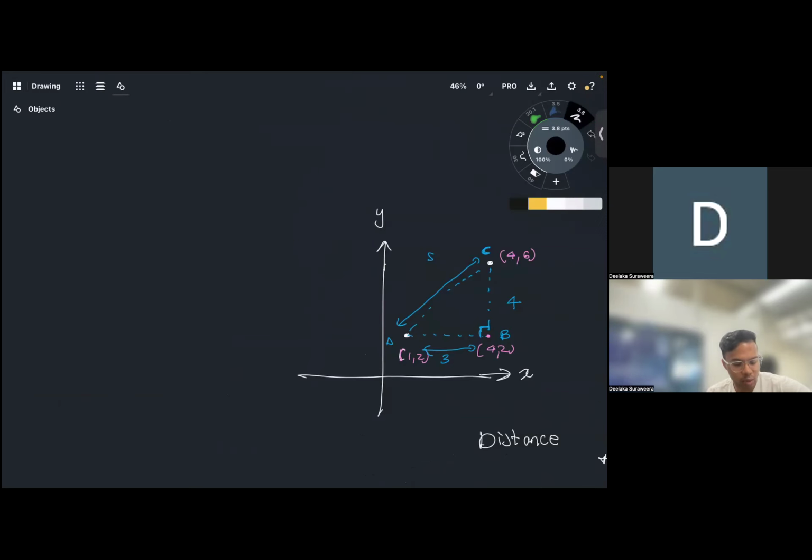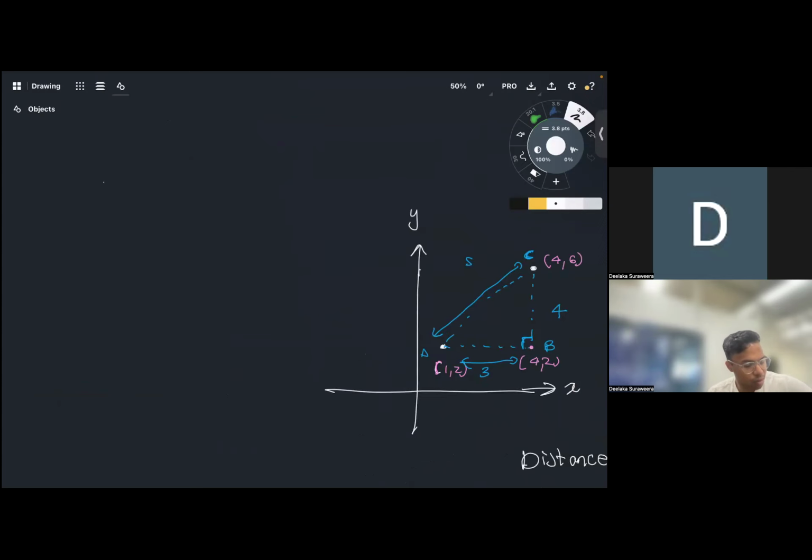The distance formula looks kind of scary, but it's simple once I show it to you.